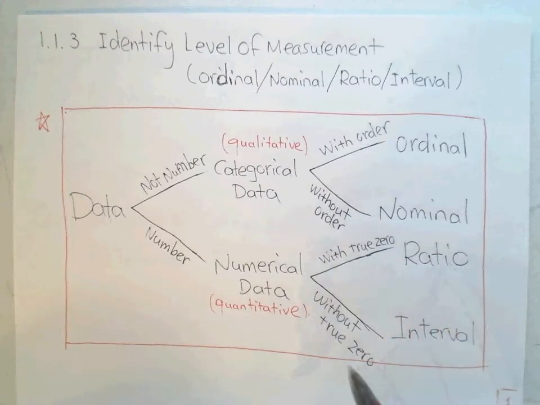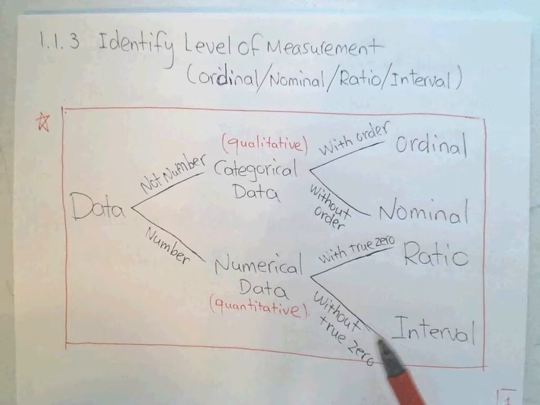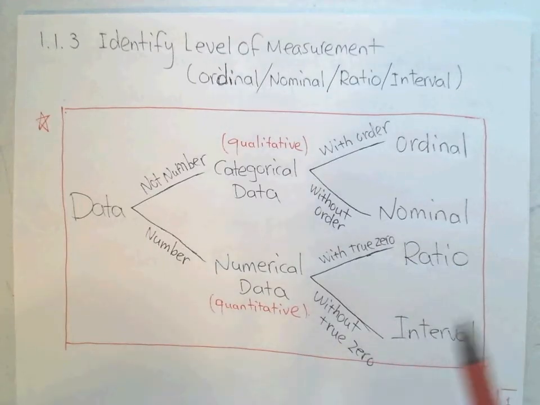Another type is without the true zero, meaning zero in that data does not mean nothing. For example, look at the clock, which goes round and around. What is 0 o'clock? It is midnight, just past 12.